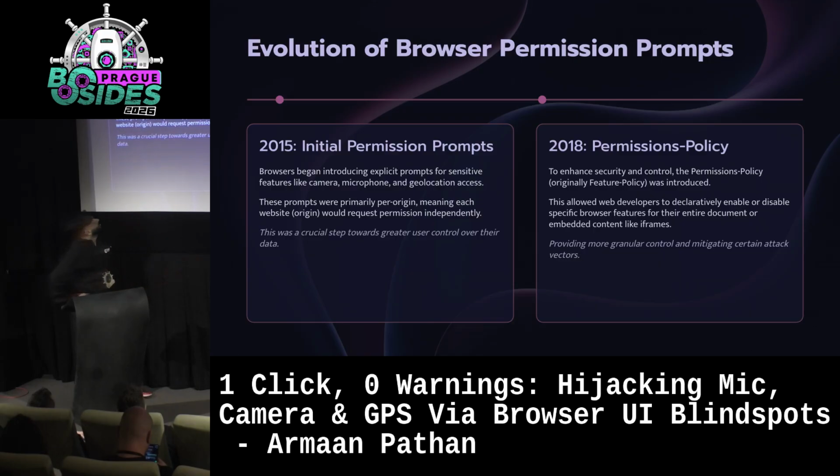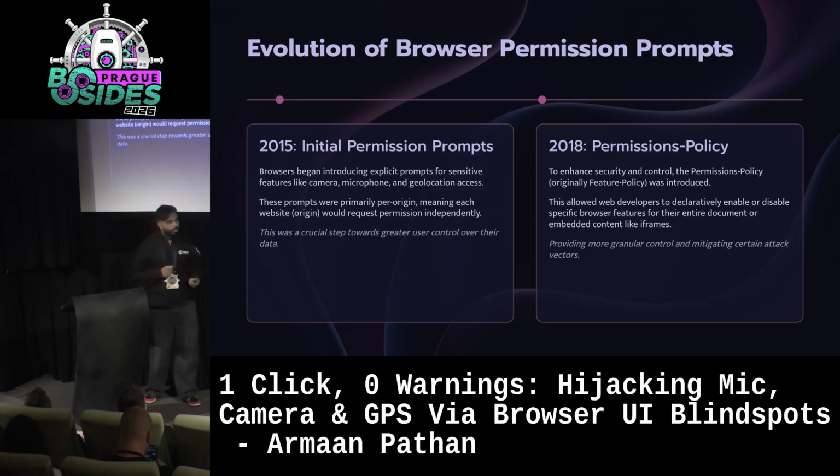Yeah, so we'll dig more into permission prompts and permission policies. Before 2015, there was no such thing in browsers as permission prompts and permission policies. In 2015, browsers introduced permission prompts, in which the browser shows from which origin the application is trying to access certain permissions, for example camera, location or something like that.